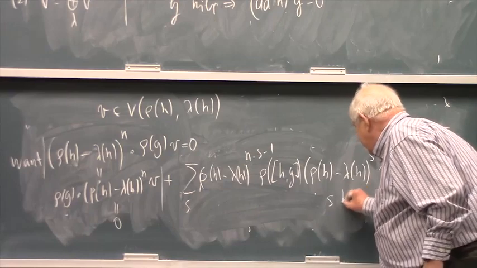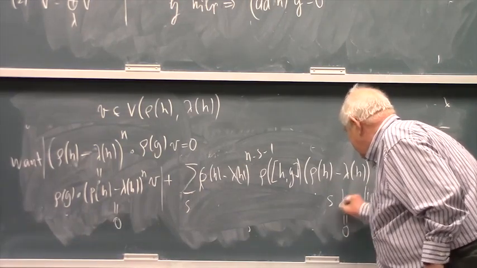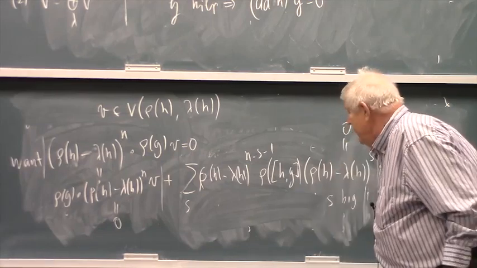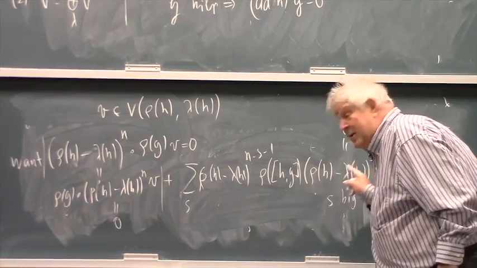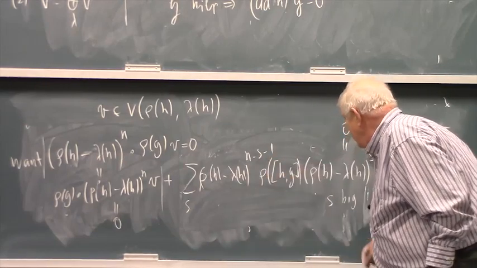So if S is big, then it is 0. This is 0. If S is not very big, then this will be sufficient, rather big. And now look at this.